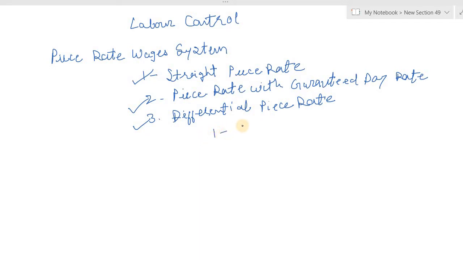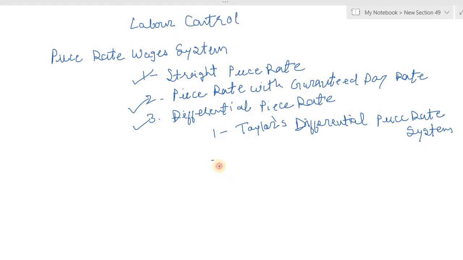First is Taylor's differential piece rate system. Second is Merrick differential piece rate system.